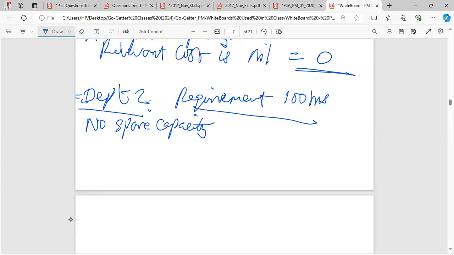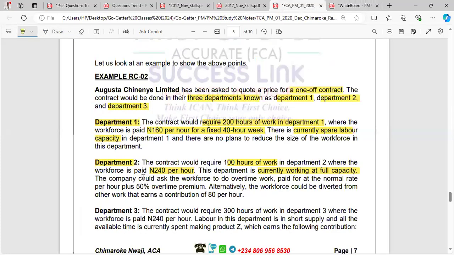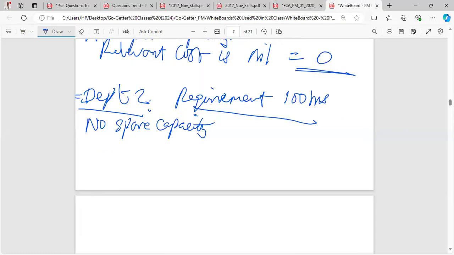Now, if there is no spare capacity, the next thing to ask yourself is, is overtime possible? They said the company could ask the workforce to do overtime work paid at the normal rate plus 50% overtime premium. So let's calculate the overtime job. Overtime is calculated at the normal rate.